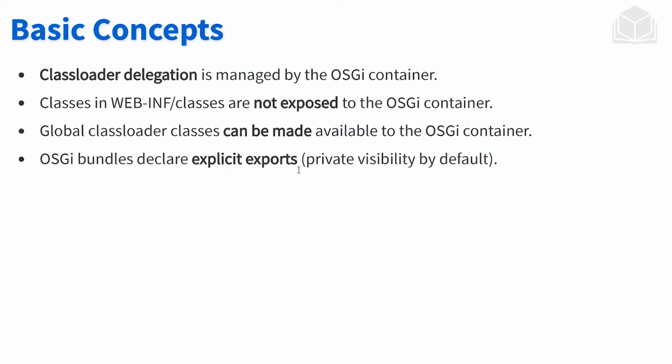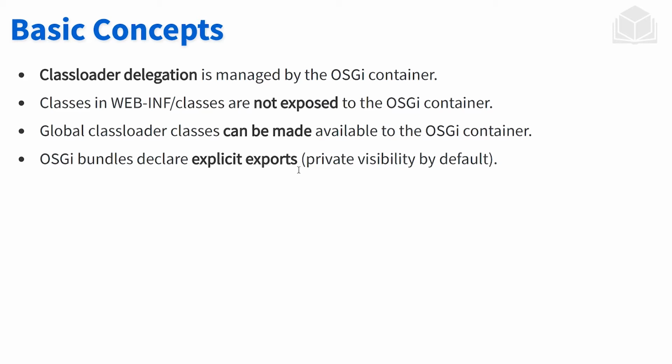Some basic concepts as we go through the rest of this lecture, right? The class loading is managed by the OSGi container. Typically, classes put within WEB-INF/classes are not exposed to the OSGi container, but things that are put in the global class loader typically are.